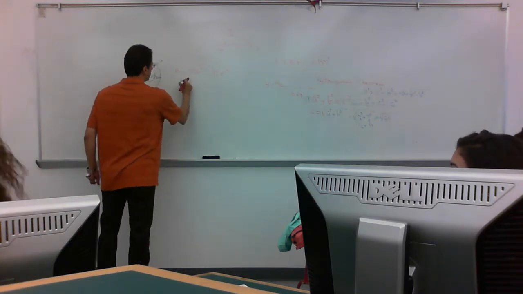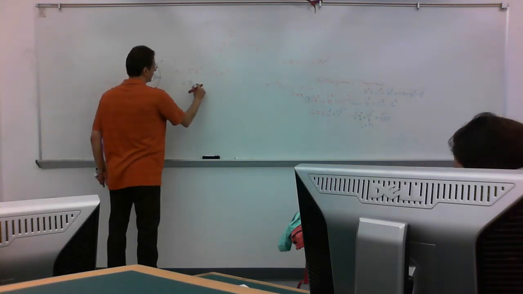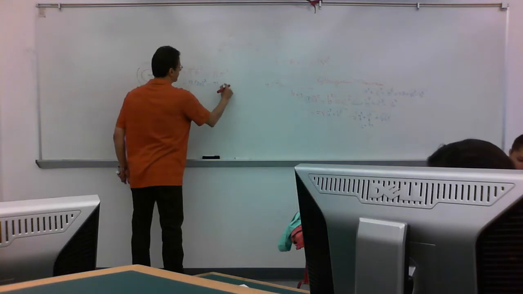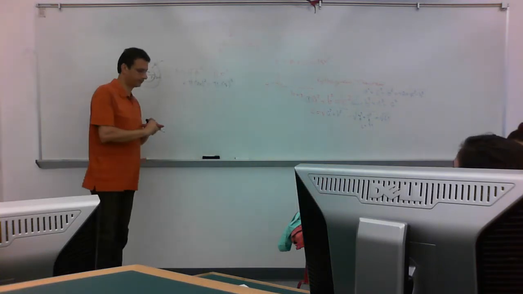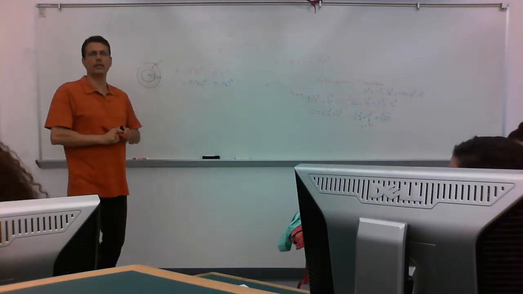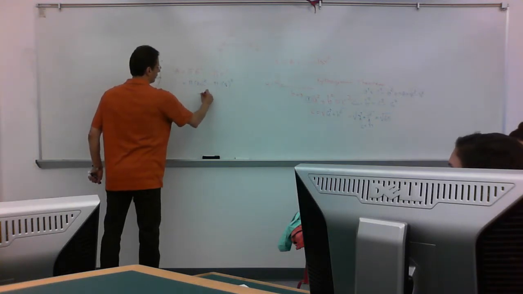So in this case, the answer would be pi times 20 squared minus pi times 8 squared. So what is 20 squared, everybody? 400.